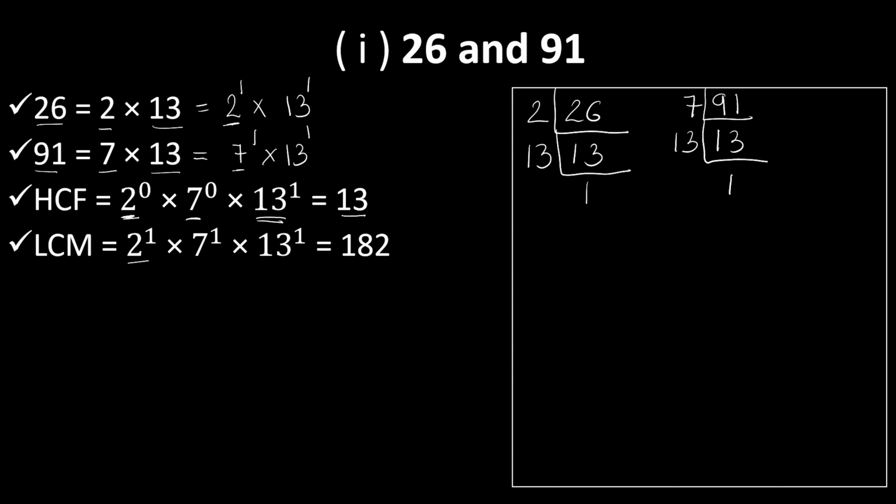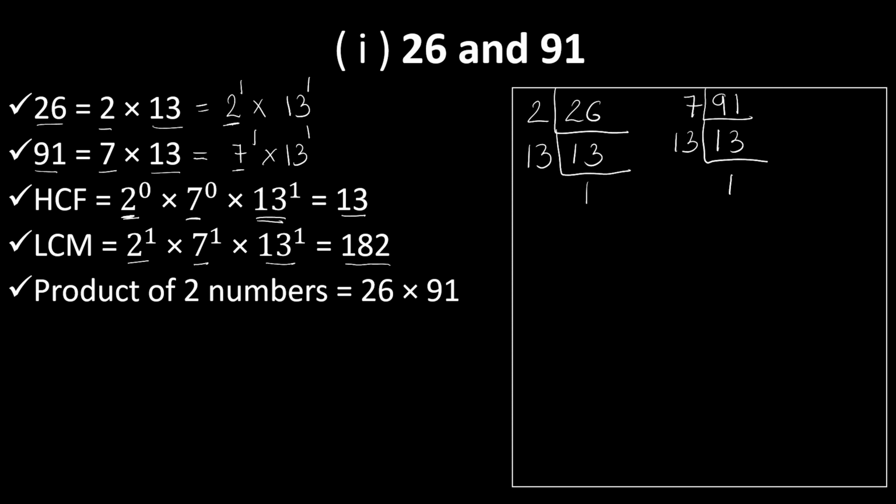So we will be writing 7 raised to 1 here. For 26 and 91, 13 is occurring once in both of them. So we will be writing 13 raised to 1. And hence our LCM will be equal to 2 raised to 1 into 7 raised to 1 into 13 raised to 1. The product of all these three numbers will give us 182 as the lowest common multiple.